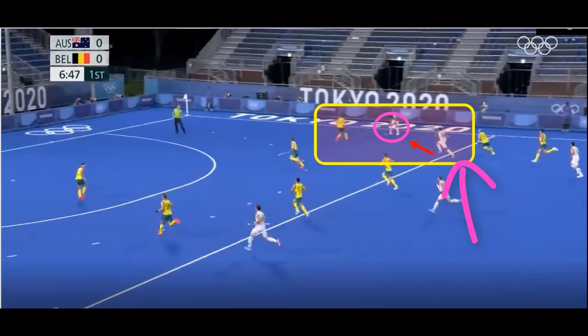Moreover, the Belgium right half, or right inner, did not change his pace or do the stutter steps to pass the ball smoothly. Please remember, I'm just bringing home the point. I'm not trying to criticize any of these world-class players. Please don't get me wrong, because I don't want to put anyone to shame. I have been through that a lot and I'm still going. So just to make my point, just to bring home the point.